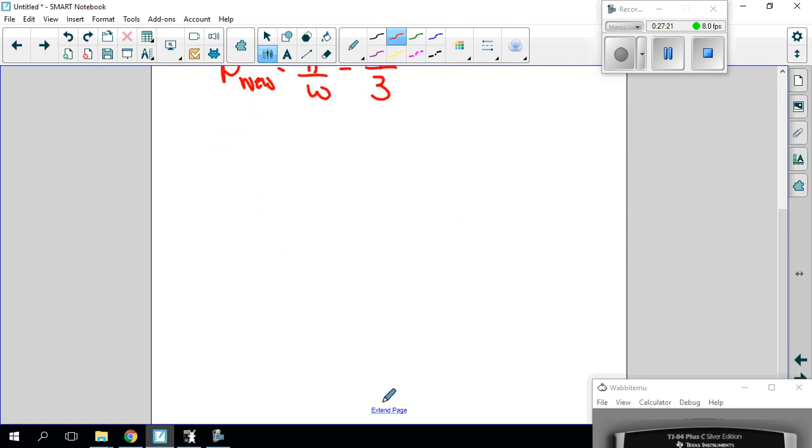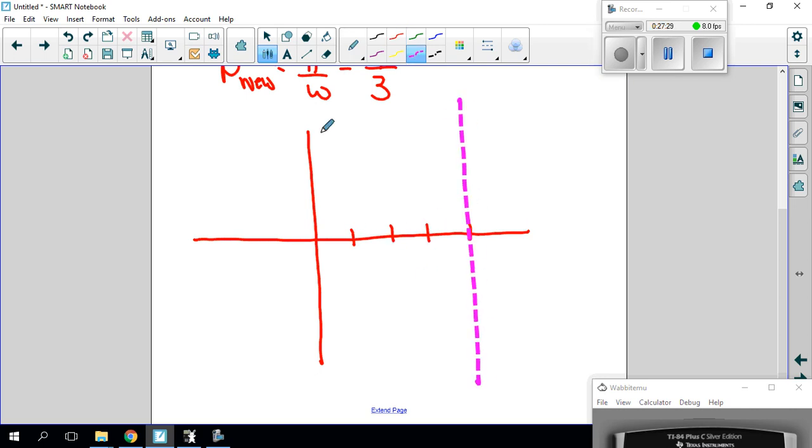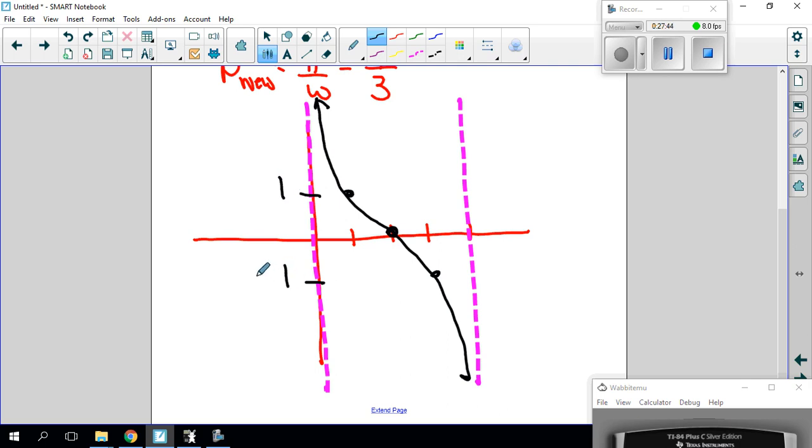So if I were to graph this, 1, 2, 3, 4, throw in a vertical, memorize the graph of cotangent to be this, with 1, negative 1, period is pi over 3, making this pi over 3, making this pi over 6, making this pi over 12.